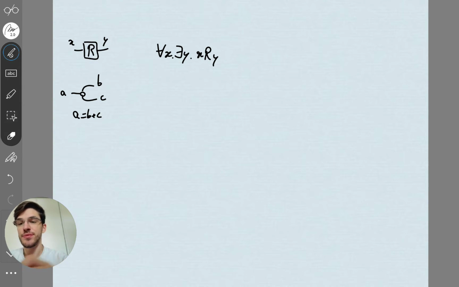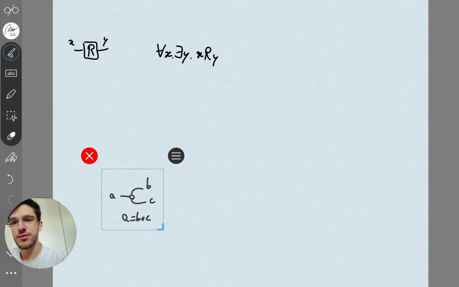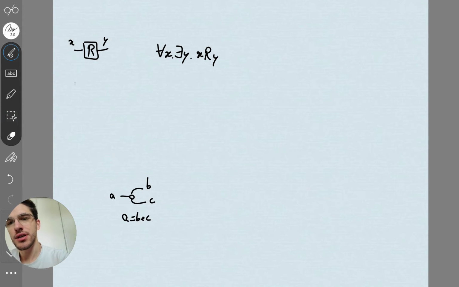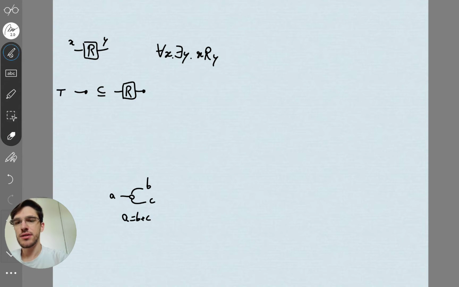The first step is, my question is, assume, so first let's draw this graphically. This graphically is written like this. Given an arbitrary x, I have a y that relates to it. And assume this.